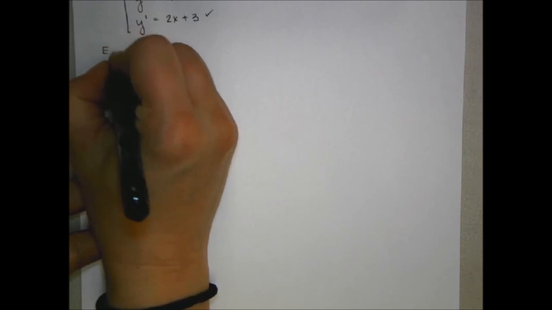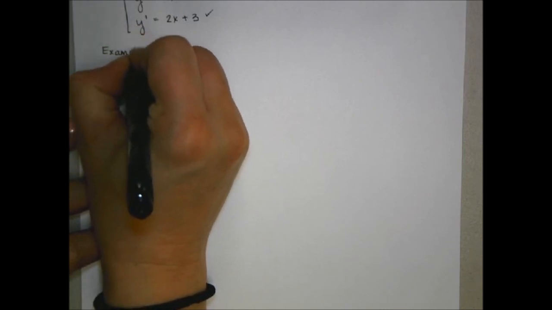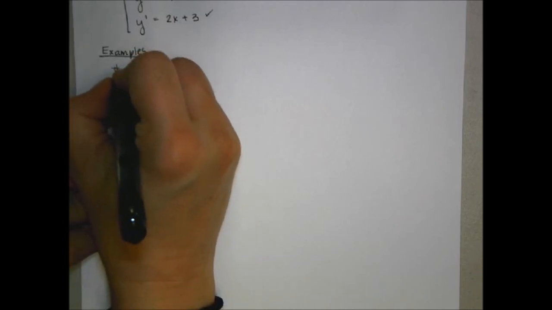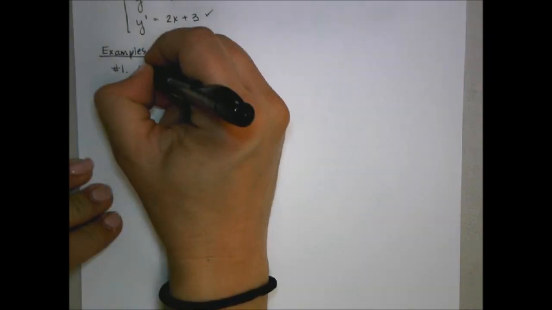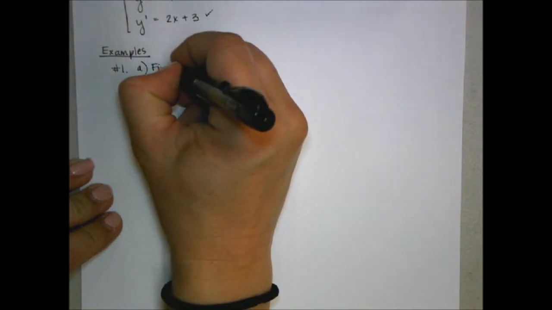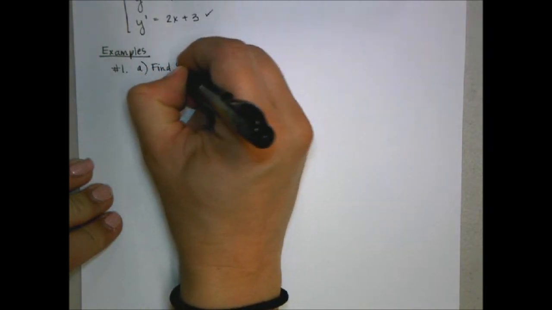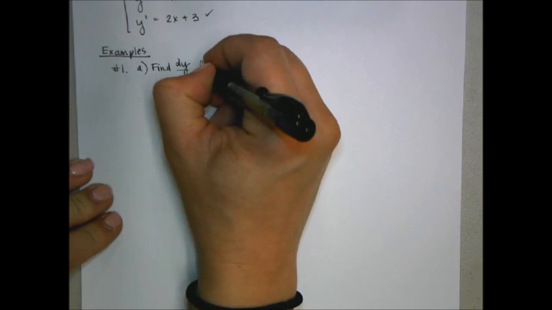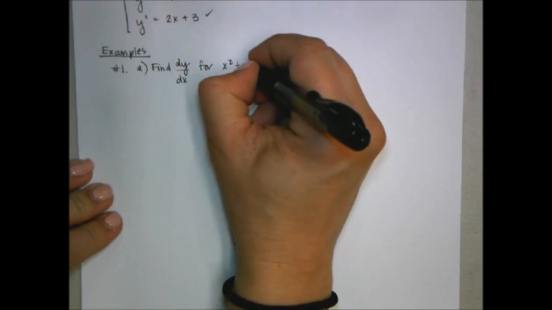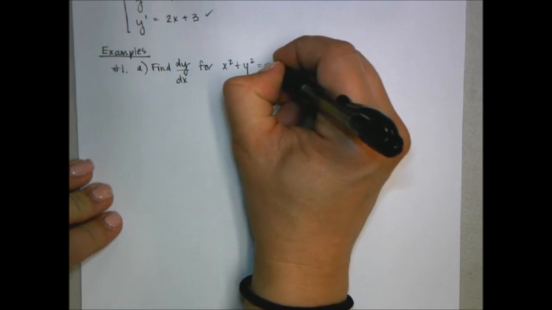So let's see what happens here in our examples. So first problem, I'm going to have you find the derivative of x squared plus y squared is equal to 100.